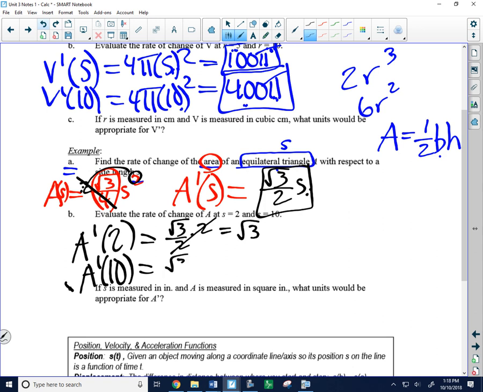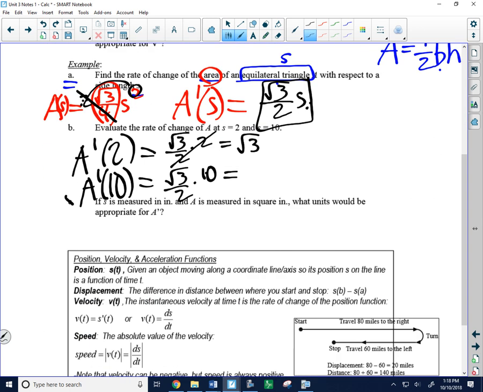And then I plug in 10, radical 3 over 2 times 10. 10 over 2 will end up being 5, and then radical 3. This one's a little more directly proportional. 2 times 5 is 10, so it's just 5 times as much.